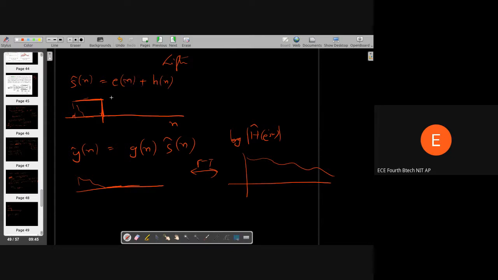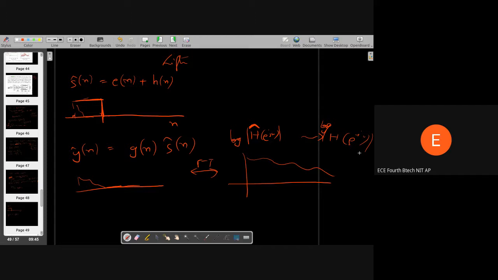We don't exactly know how to separate, but we found empirically that if we take the first few components and do the Fourier transform, we get a log spectrum which tracks the spectral envelope. So H hat is not exactly the system, but it is an estimate of the log magnitude spectrum of the filter.